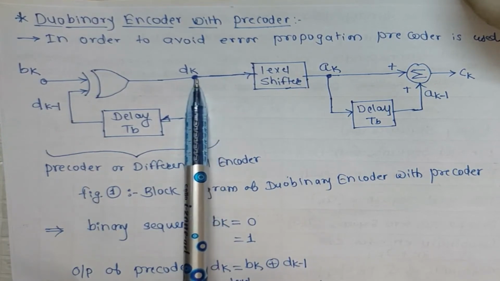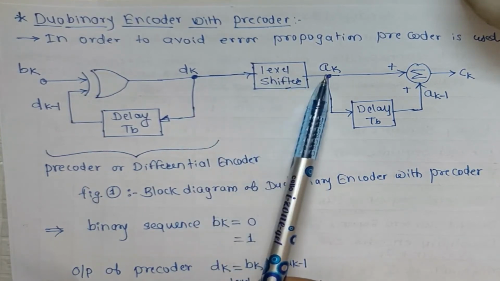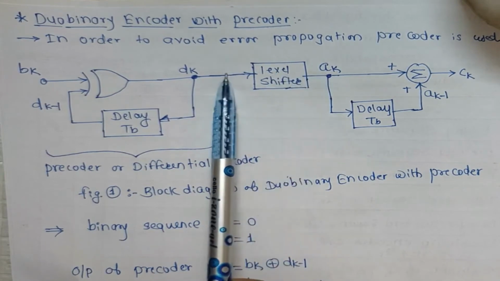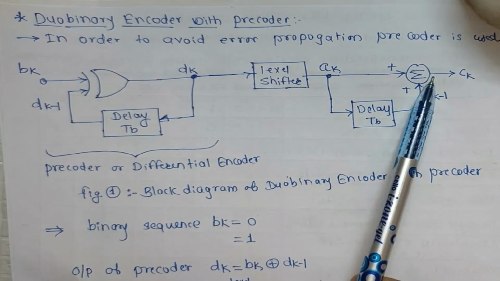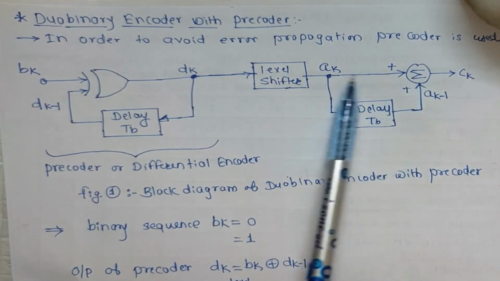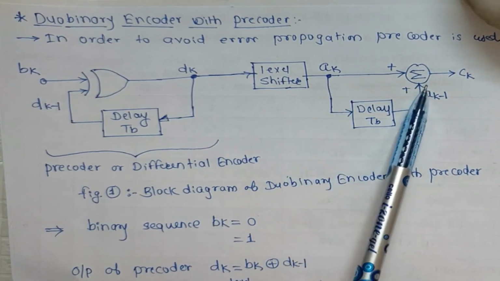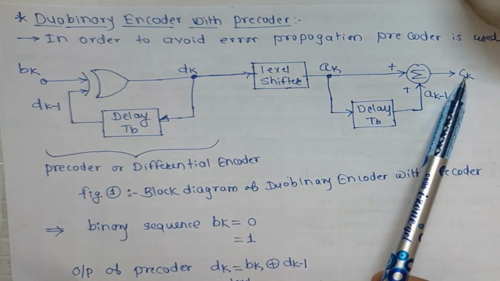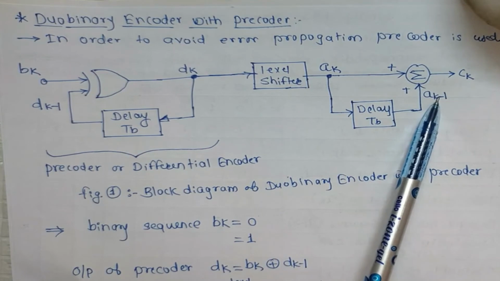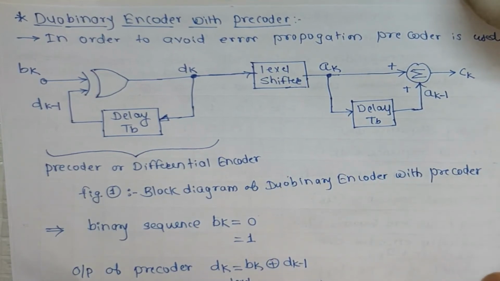So this dk will be given to the level shifter, which will convert this into a two level sequence, meaning 0 is converted into -1, 1 is converted into +1. This ak will go to the summer or the adder, and along with it the second input is the delayed version of it, that is ak-1, and at the output ck we will get the addition of these two. So let's see what we'll get.